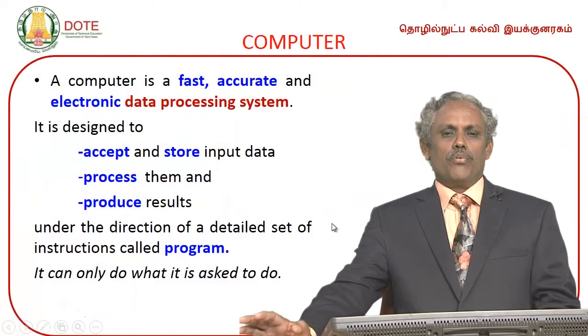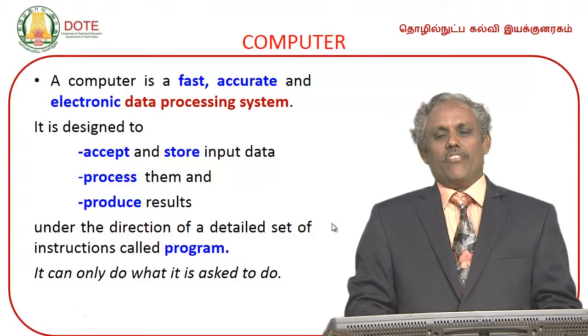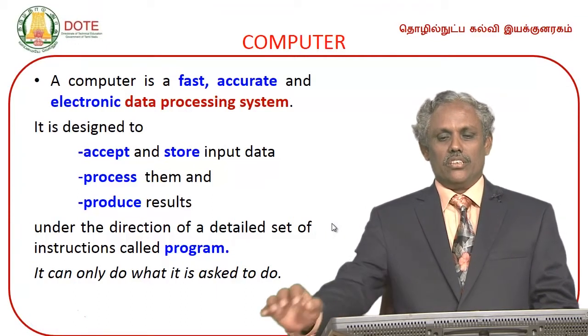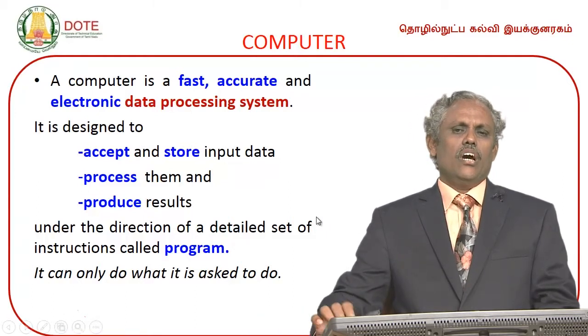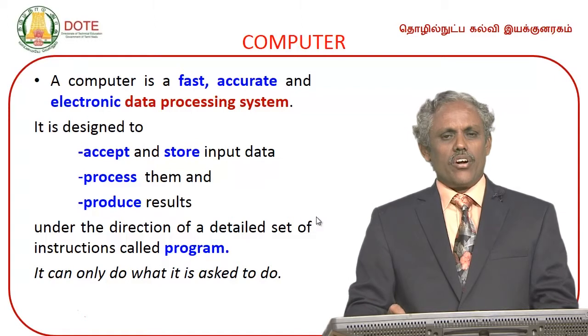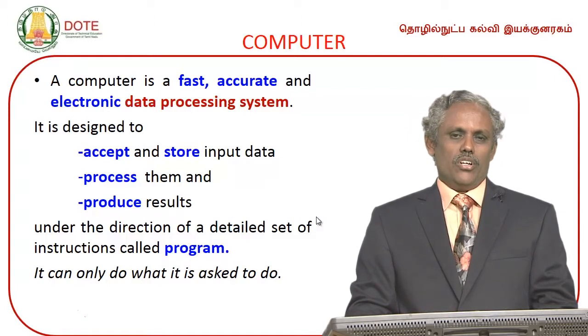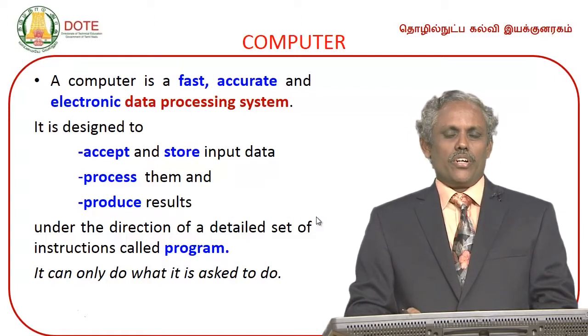First, we will see what a computer is, because all of you use a computer today. This computer can be defined as a data processing system. Actually, it is a fast, accurate and electronic data processing system. That means the computer is used for processing of data.